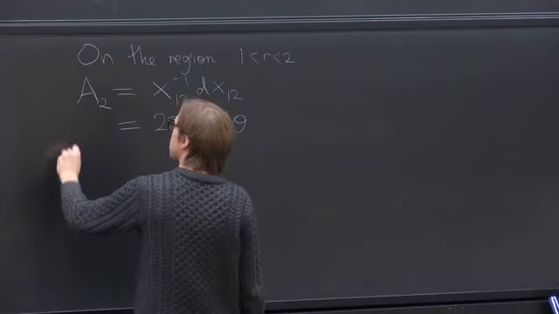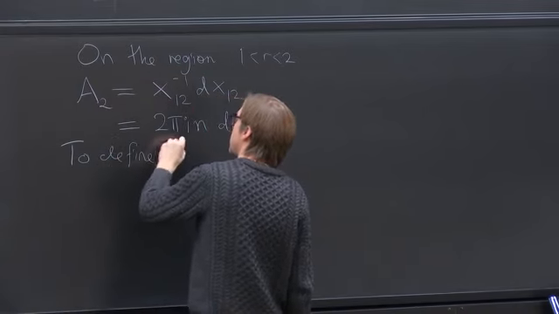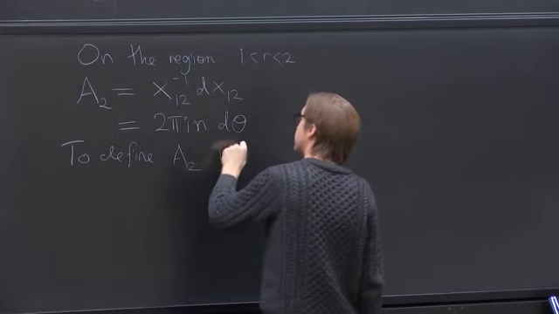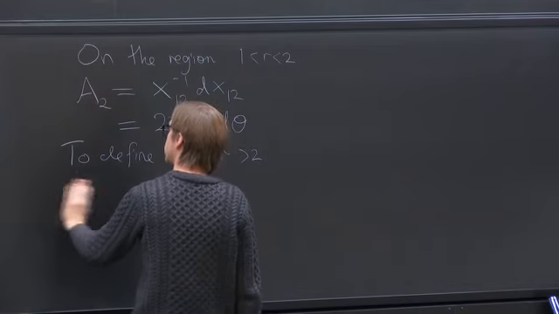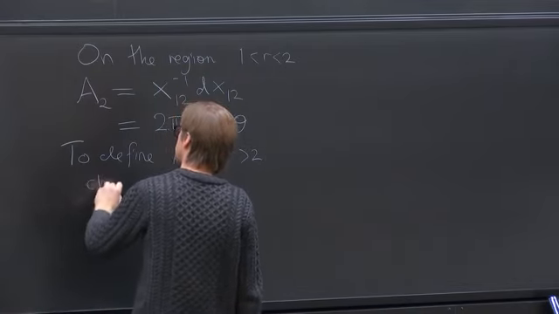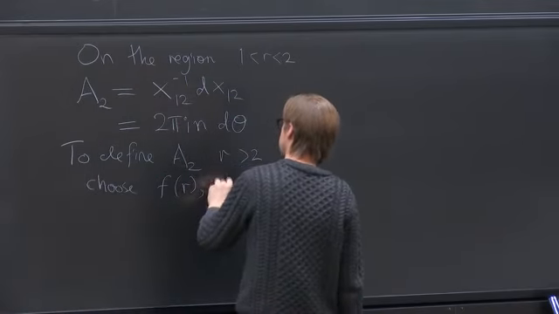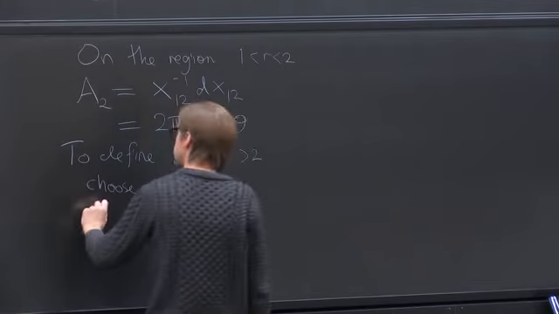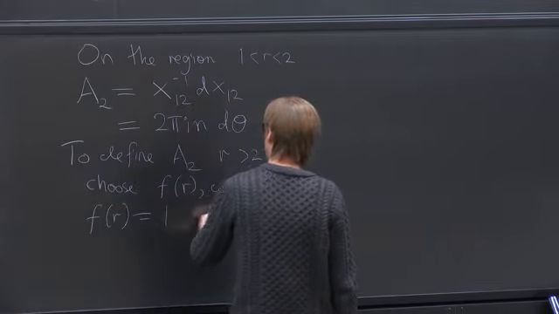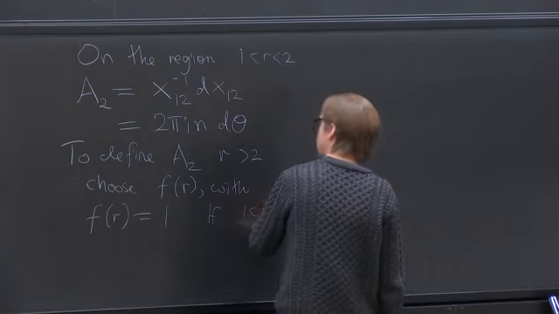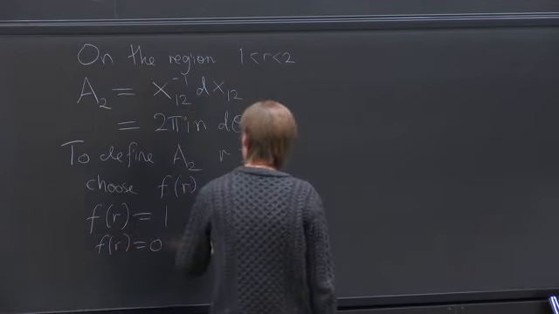So to define A2 when r is bigger than 2, we choose some function of the radius, with f of r equal to 1 if 1 is less than r is less than 2, and f of r equal to 0 for a very large radius.